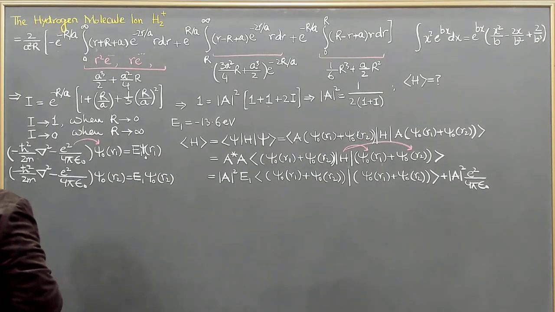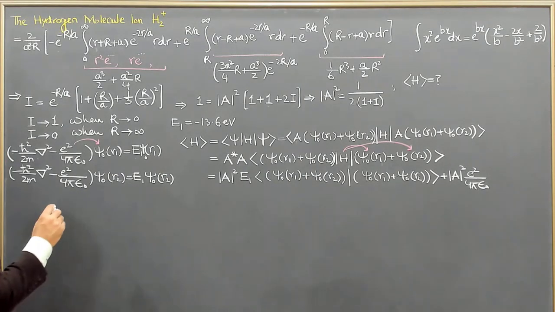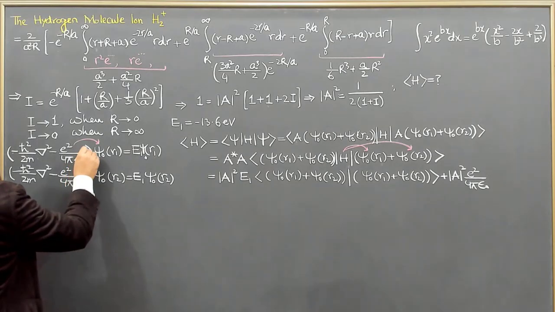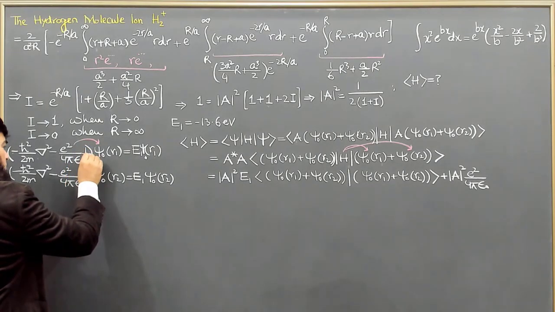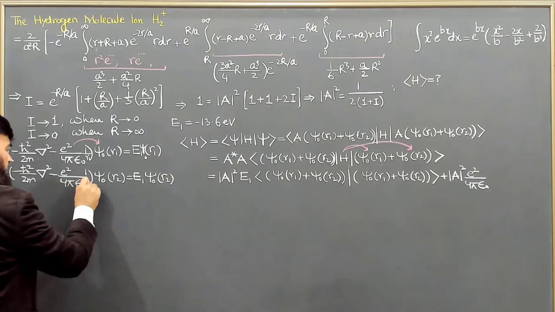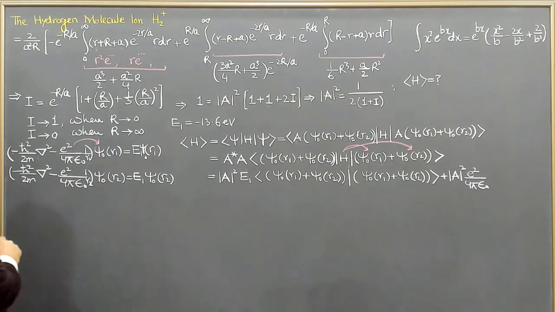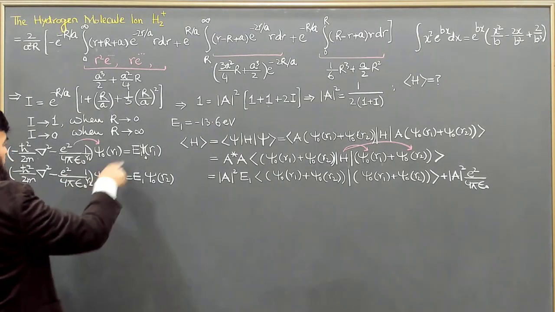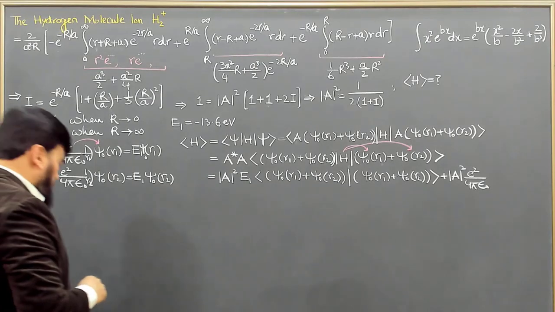It is written over here. Okay, I have forgotten one thing here. This is having 1 over R1 here, and this is having 1 over R2 here. So this will also multiply with that one.